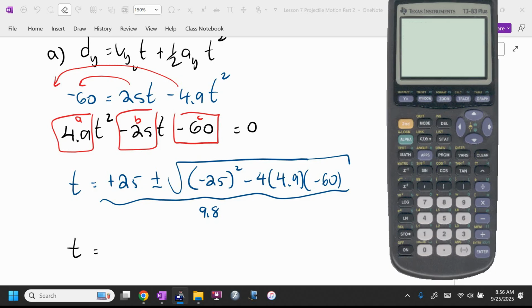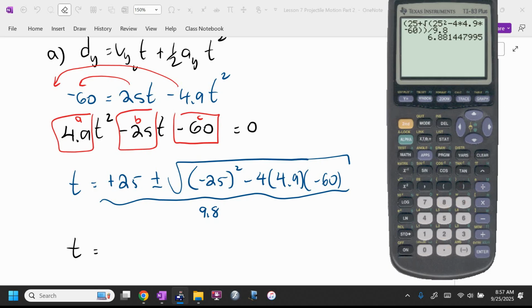How am I going to type this in? Bracket 25 plus square root bracket 25 squared. I know I wrote negative 25 squared, but I'm lazy but organized. I know negative 25 all squared is going to be the same as positive 25 squared, so I'll save myself some typing in brackets. Minus 4 times A times C, close off the square root, close off the top, divided by 9.8.